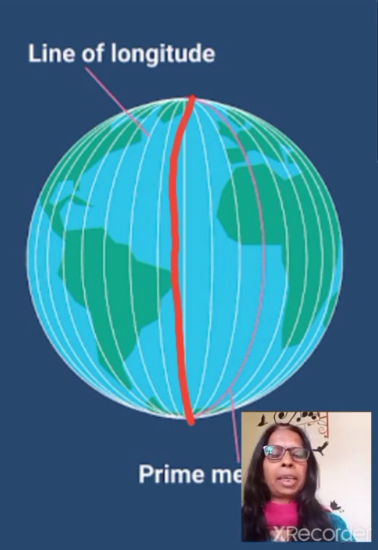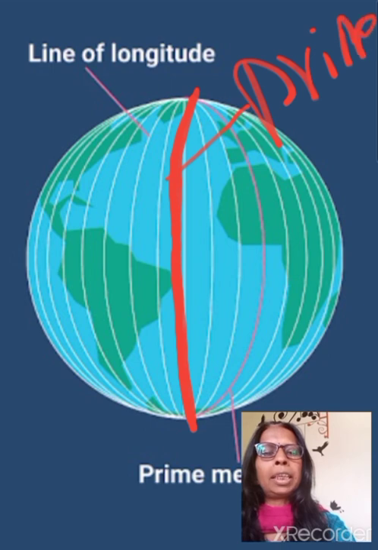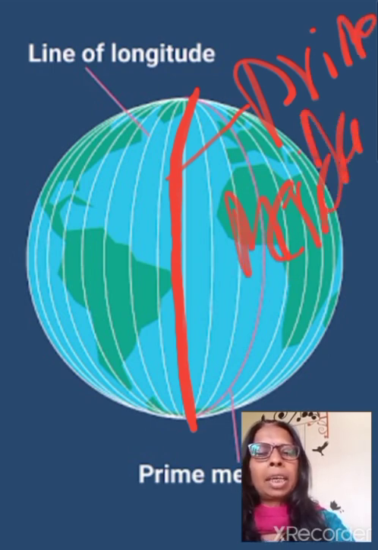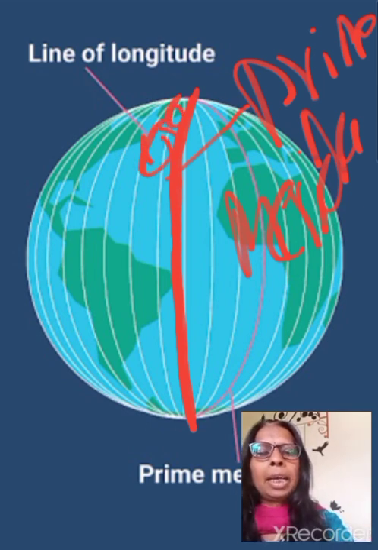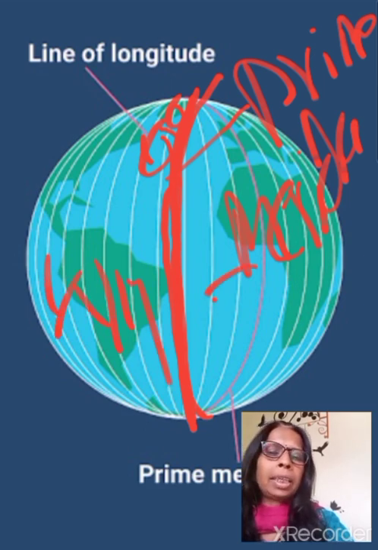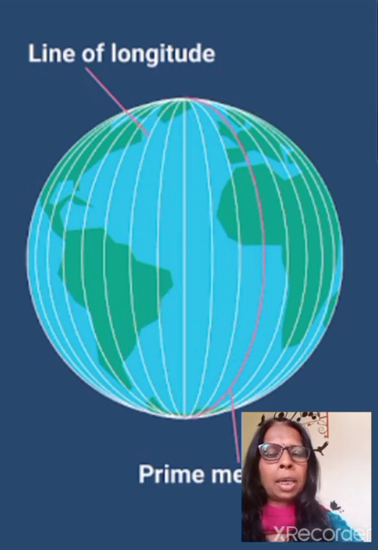Again I am repeating, the line at 0 degrees is called the prime meridian. What is this prime meridian? It is at 0 degrees and passes through Greenwich near London. It divides the earth into the western hemisphere and the eastern hemisphere. How many degrees of longitudes are there?